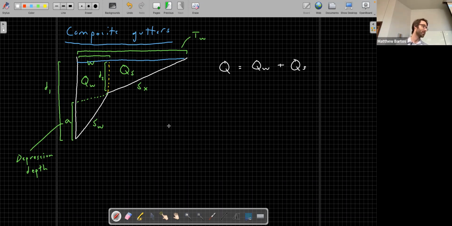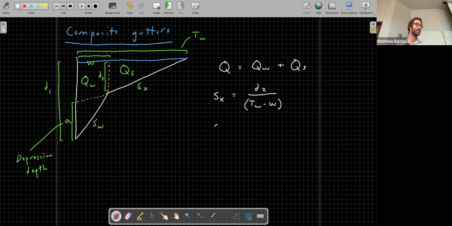Okay, so first we have that S sub X is equal to D2 divided by TW minus W. So it's the slope of this portion here. So we just take D2 divided by TW minus W, which is this length here.